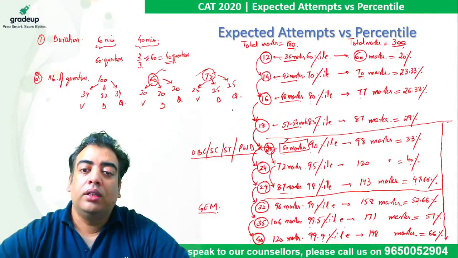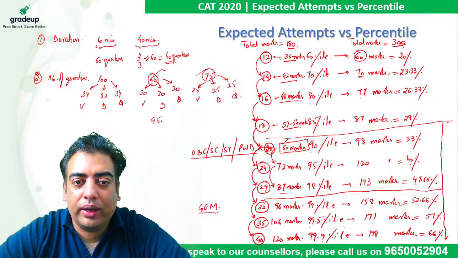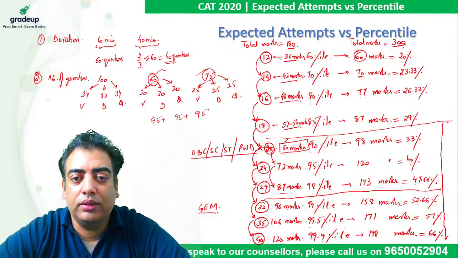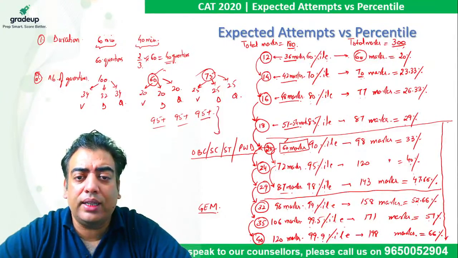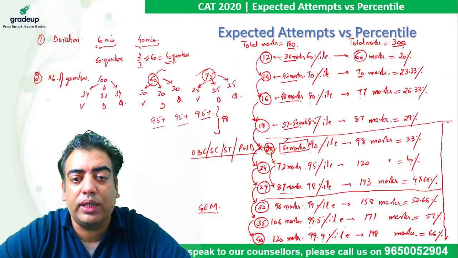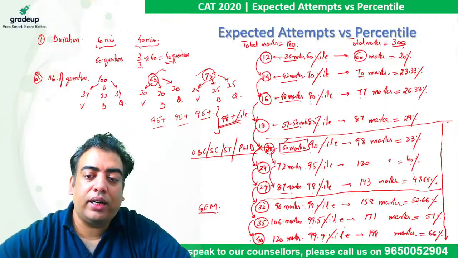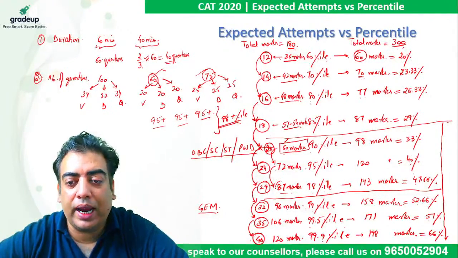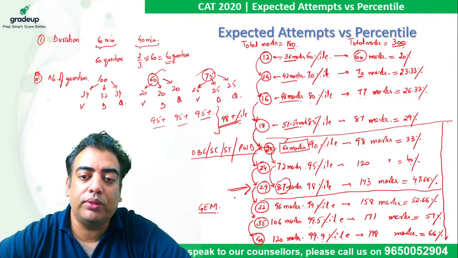If we are targeting 95 plus in each section, your overall percentile in that case will be somewhere in the league of 98 plus percentile. So 98 percentile will be at 87 marks. So this is the target you are talking about.